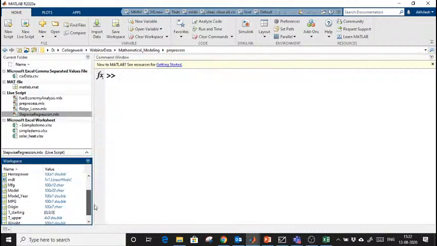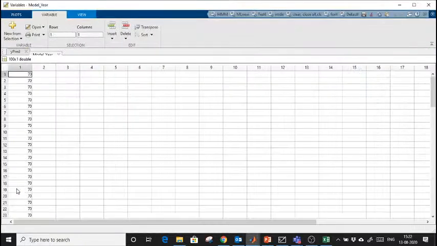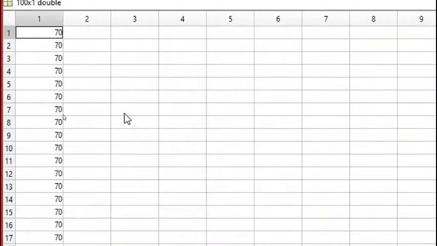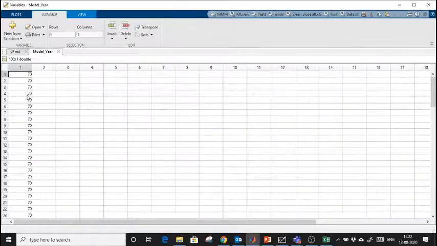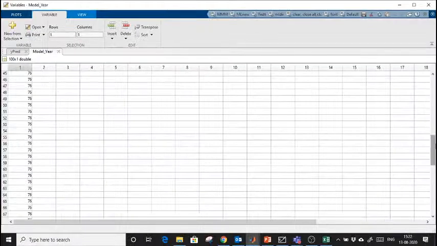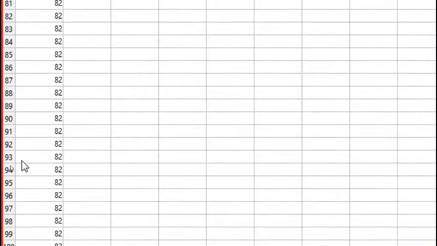Next, if I have categorical data, let me show you something here, model here. So the model of cars which we have here of 3 years, 70 means 70 to 82 models we have. Further, if I go below, we have models of 76 also, and we have car models of 82 also.